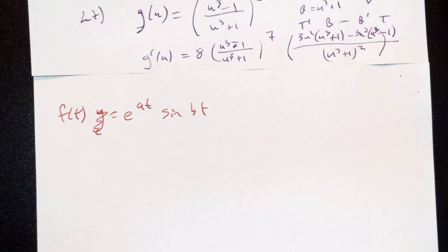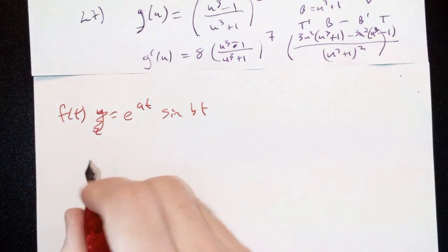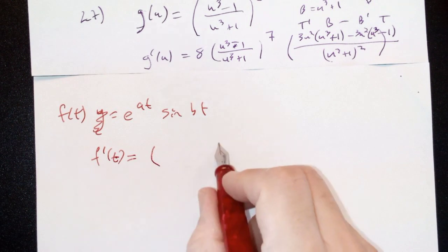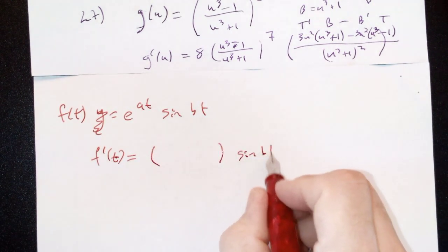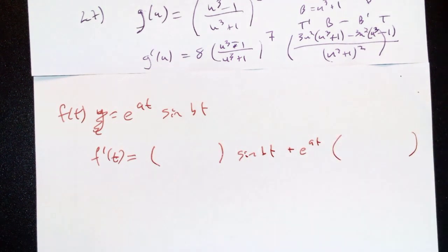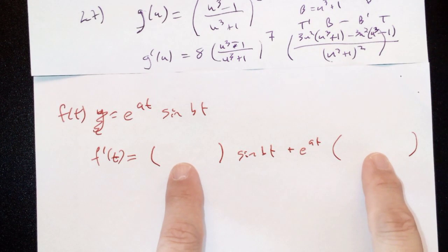So I need a product rule. Product rule says derivative of the first times the second. The second doesn't change. Plus first times the derivative of the second. First doesn't change.